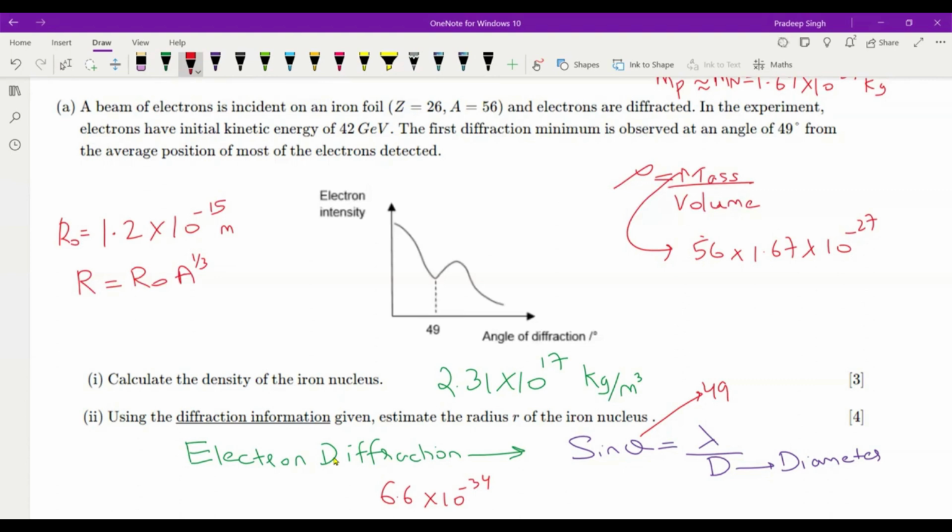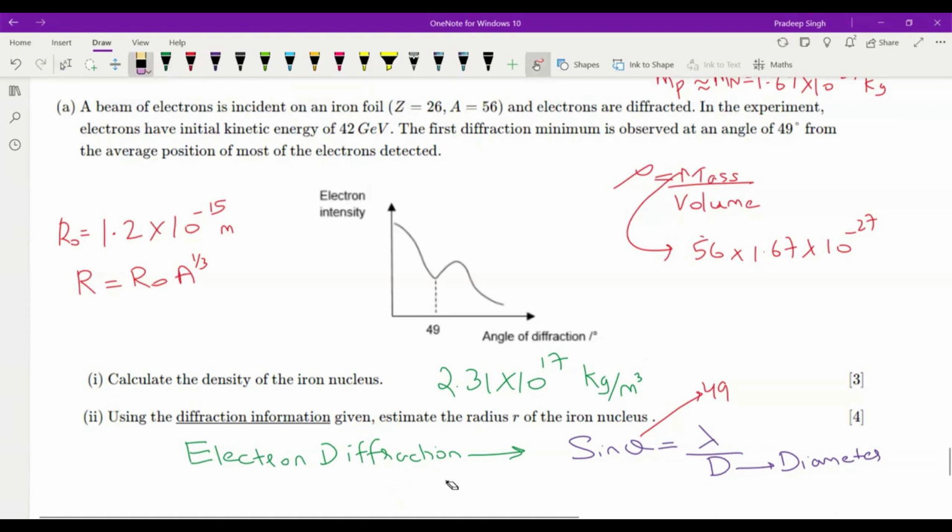Which formula are you using? I thought you could substitute the. Okay, wait, no. That formula itself is valid for a photon, not a particle. Oh yeah, okay, wait, I got it. But you are close.